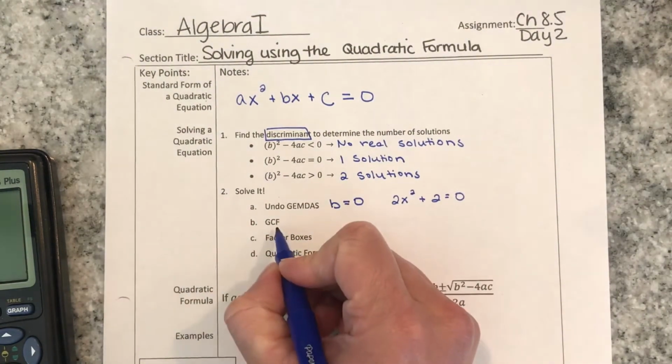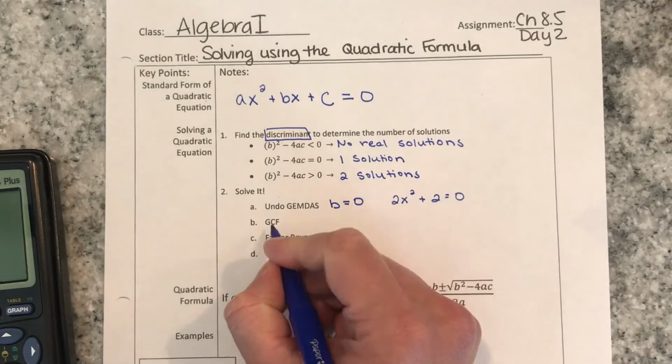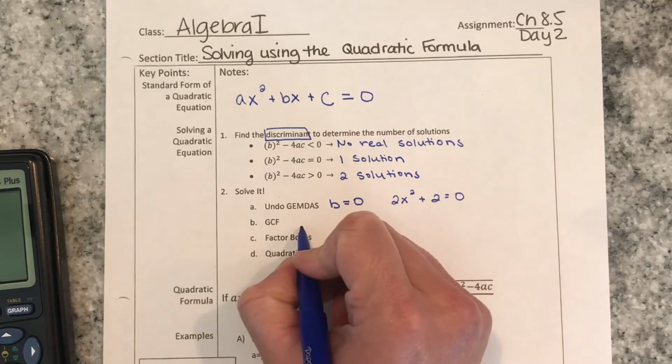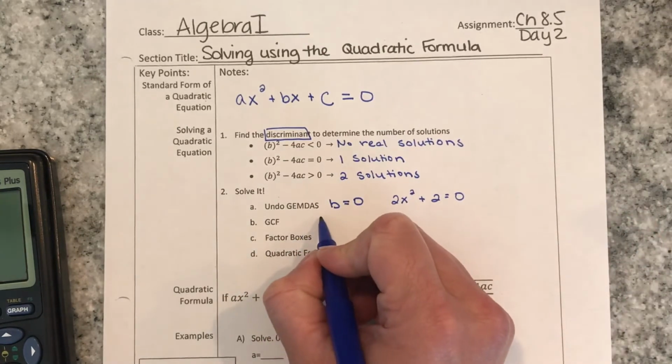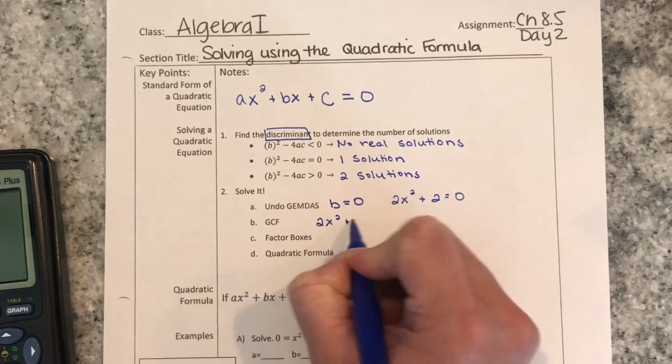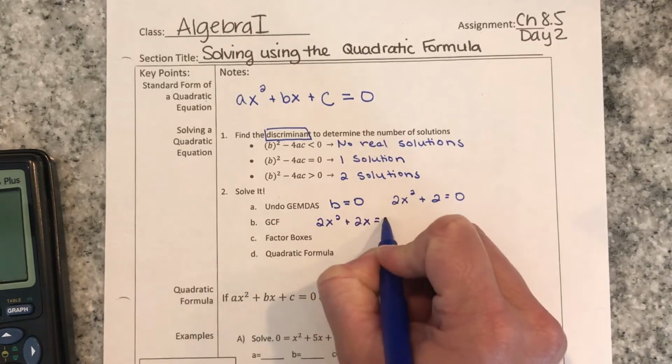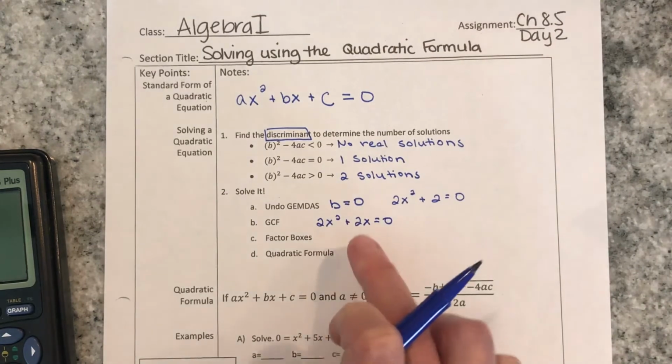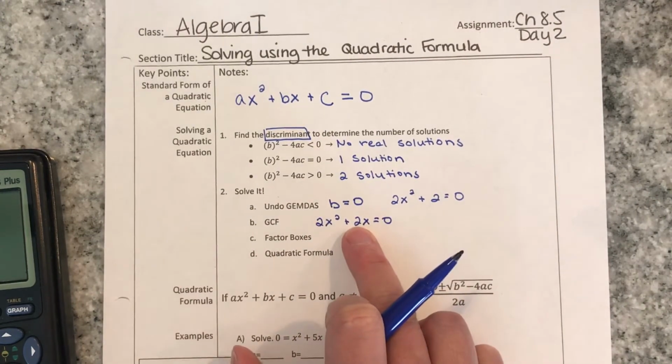Sometimes you can solve it by just pulling out a greatest common factor. So if you had something like 2x squared plus 2x equals 0, you can't solve that by undoing the order of operations because you have a b value.